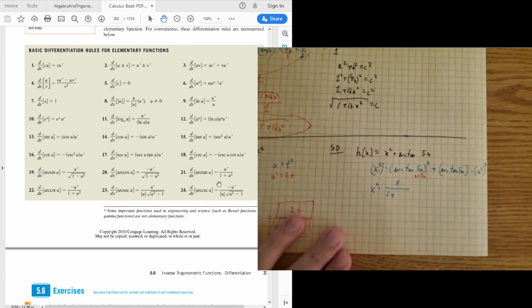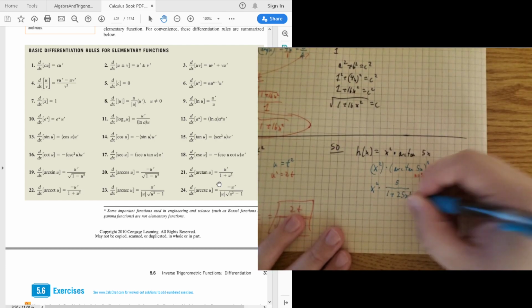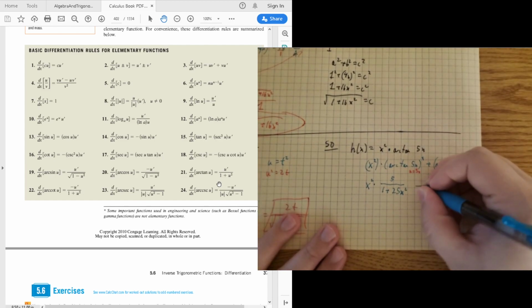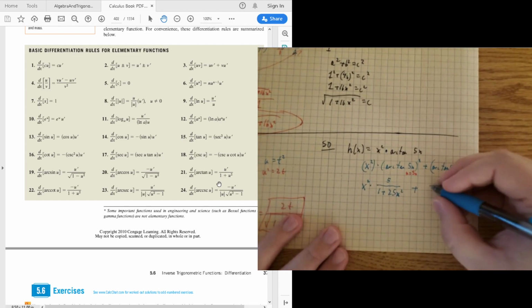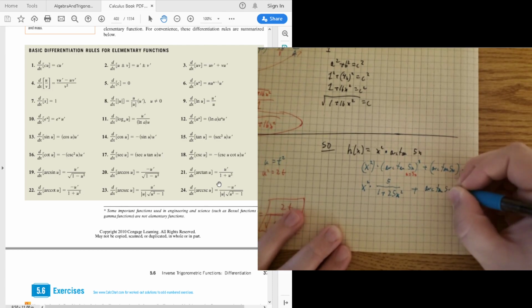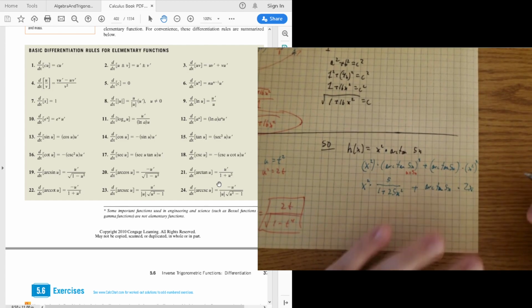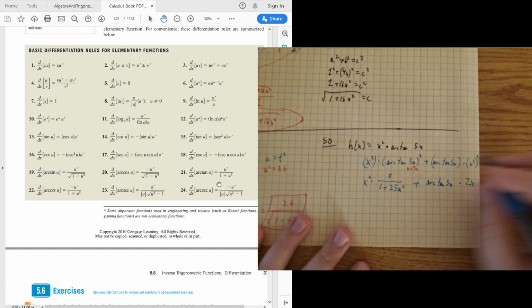So 5x squared would be 25x squared. Plus arctangent of 5x is just arctangent of 5x times the derivative of x squared, which is 2x.